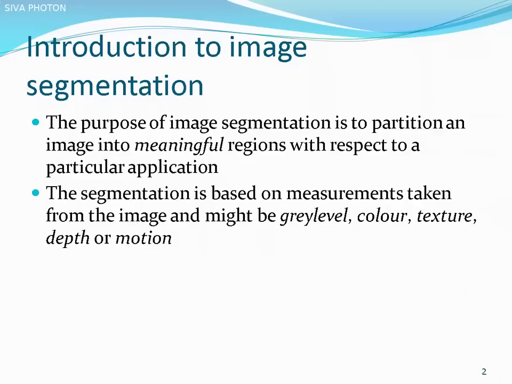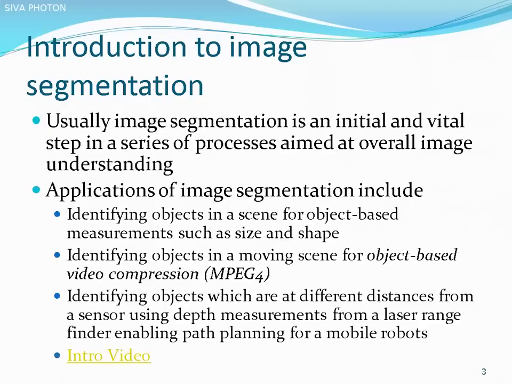The adjacent area will have different pixels, and the exact location where the football is present has various pixel values. In that way, the system will easily identify the presence of an object in the image. So the segmentation is based on the gray level, color, texture, depth or motion.